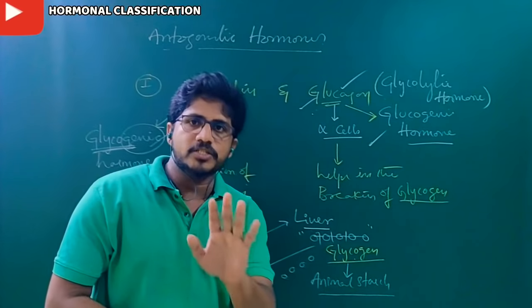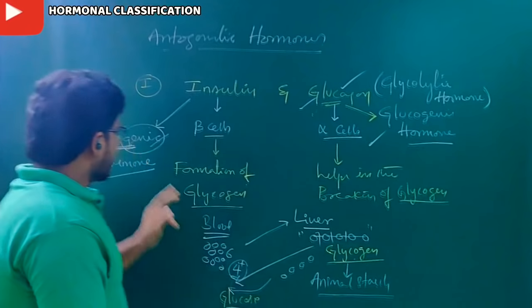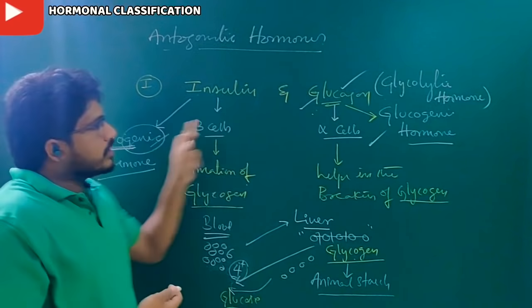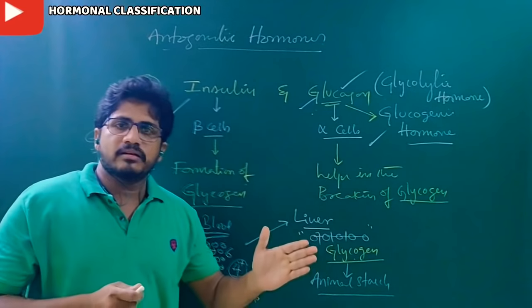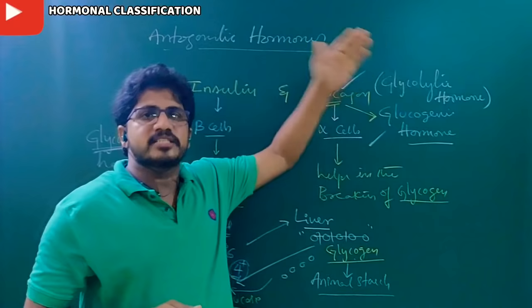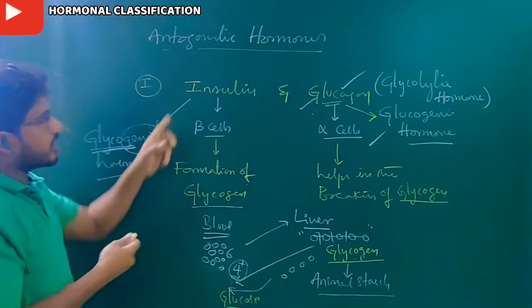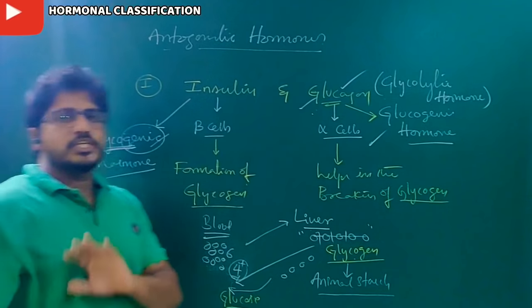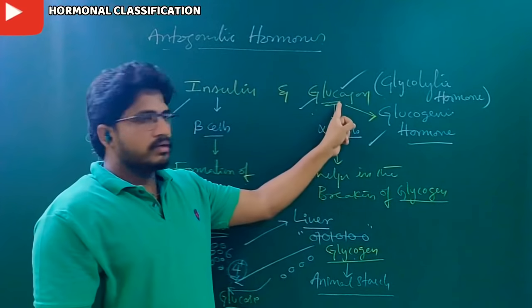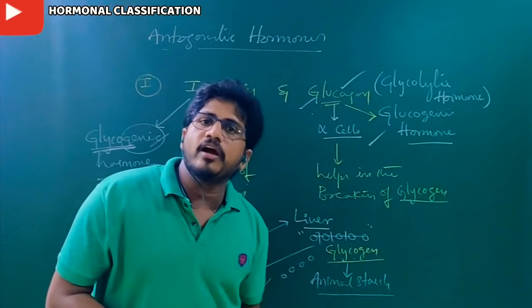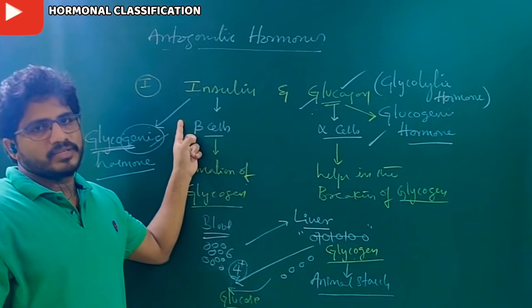Terminology plays a very important role. Understand the terms here. Genic means production. Lytic means breaking. Here glycogen is breaking because of this. Here glycogen is being produced because of this. Glycogenolytic hormone, glucagon. Glycogenic hormone, insulin.